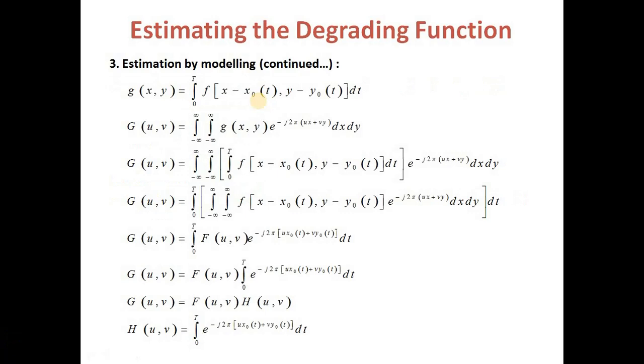Like the earlier cases, let the original image be represented as small f of x comma y in the spatial domain, undergoing a planar motion in the x and y axes of the plane. Let x0 of t and y0 of t represent the time varying components of motion in the x and y directions respectively.